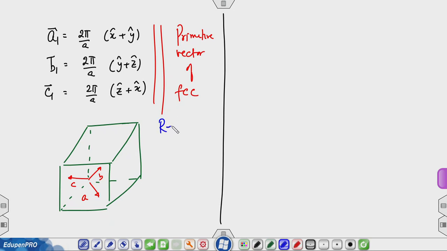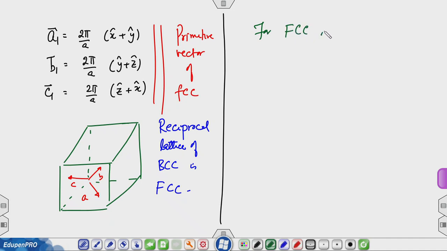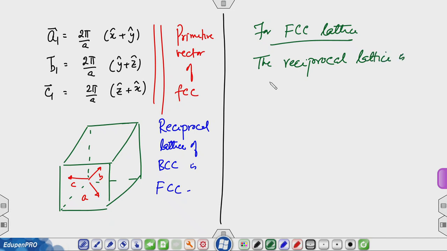So, reciprocal lattice of BCC is FCC. Similarly, you can show that for FCC lattice, the reciprocal lattice is BCC.